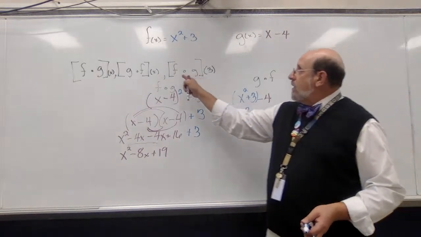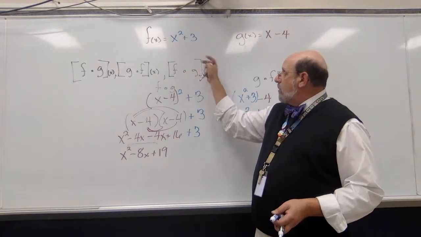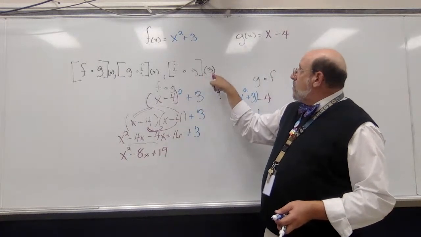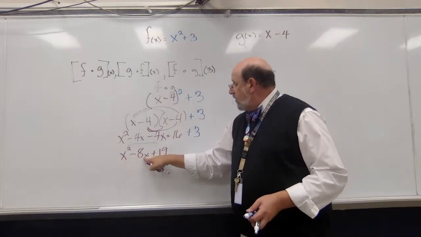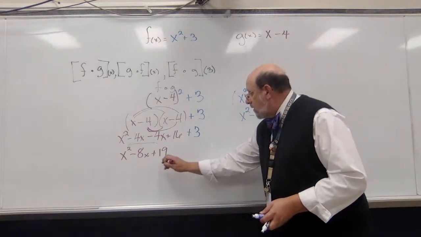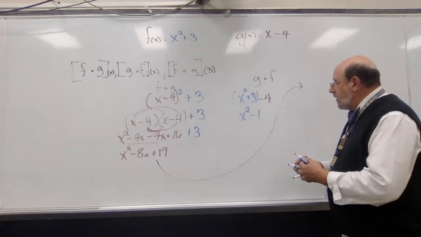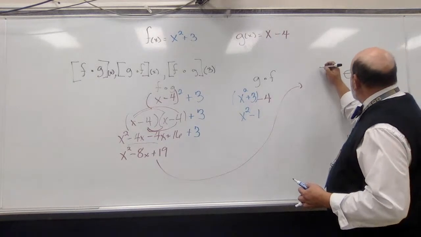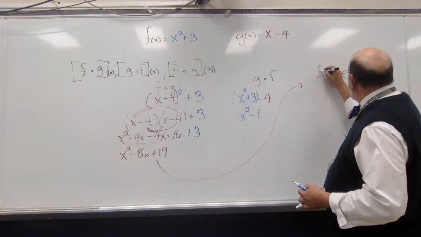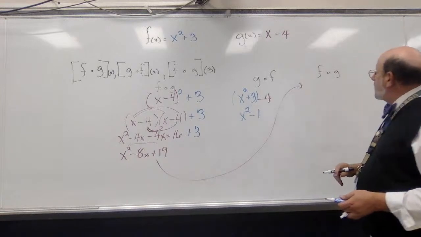Then we have f composed of g. We put the g in for the x, and we found an answer. But this says put a 3 in wherever you see an x, right? So we take this, and we write it up here. And we're going to say this is f with our g composition.